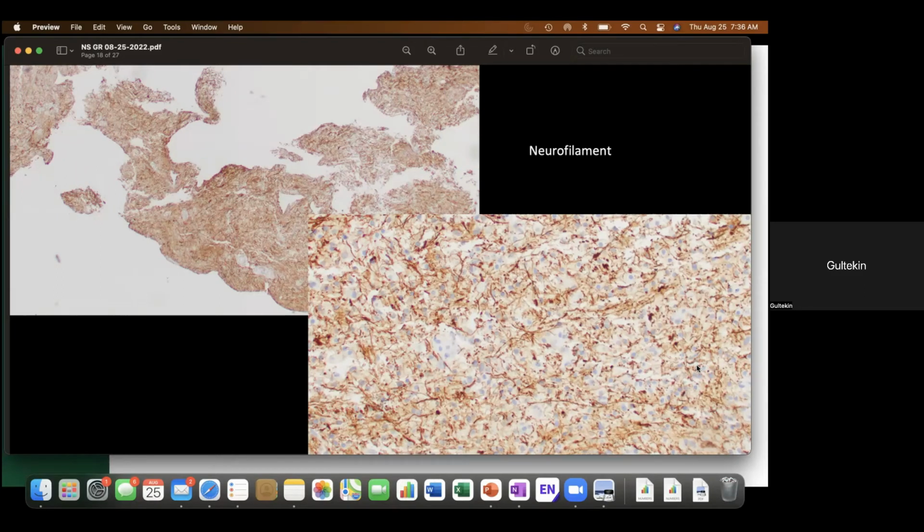If both axons and myelin are destroyed, that means this is necrosis. Could be infarct, could be a toxic reason or otherwise. But in this case, it looks like there is a preservation of axons and loss of myelin. So this should be a demyelinating process. Next.